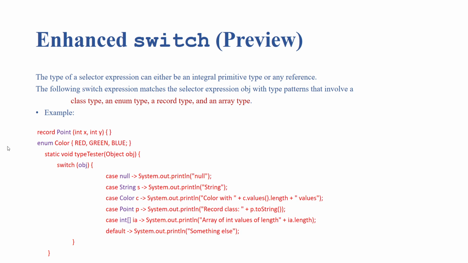As you can see in the example, this switch object can accept record type, enum type, class type, or any other reference type. And in the case labels, we have declared the types as well, along with this arrow, where we return what we want to display. So in short, it now allows all types like enum type, record type, array type, including primitive or reference types.